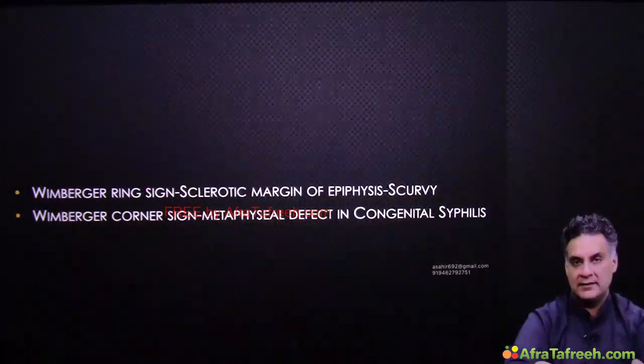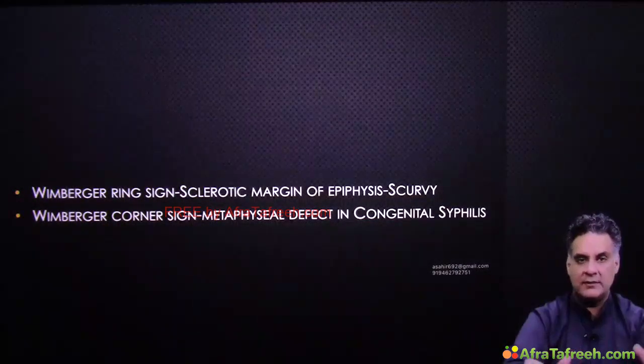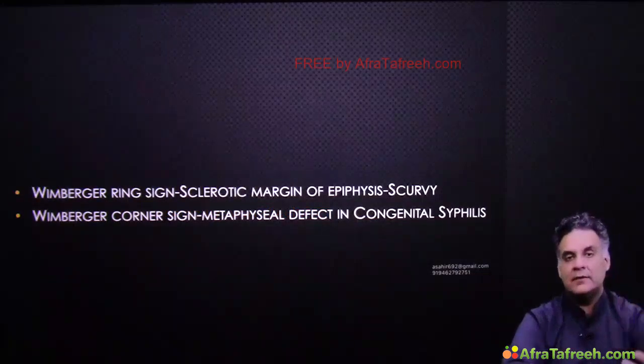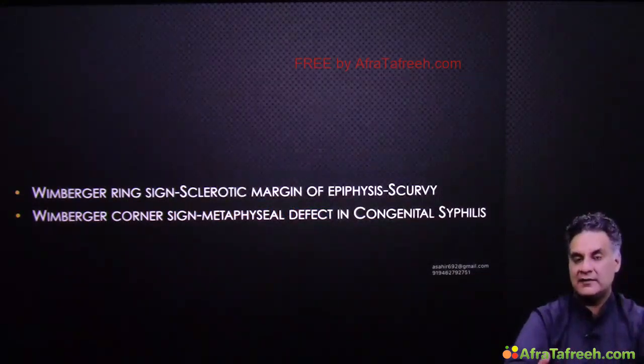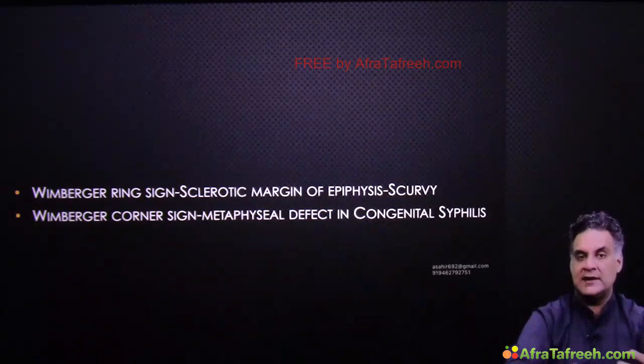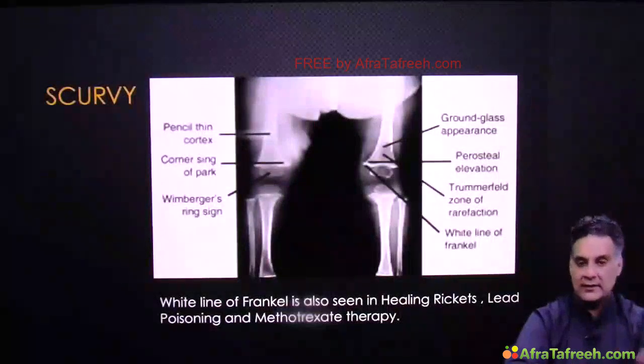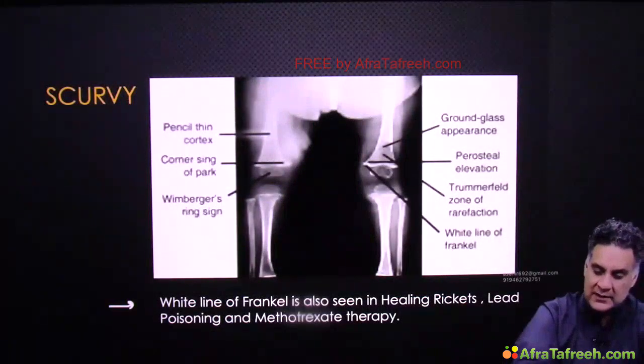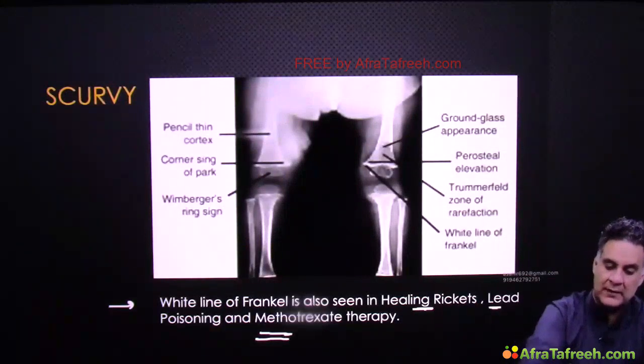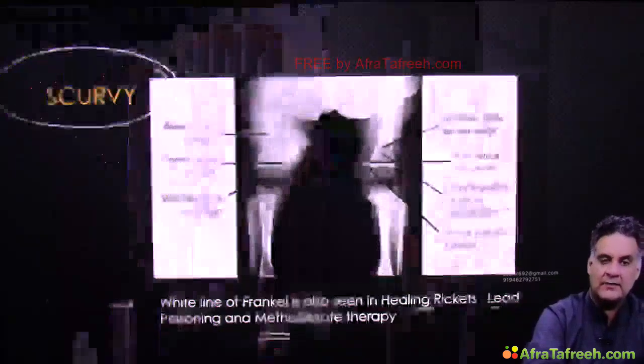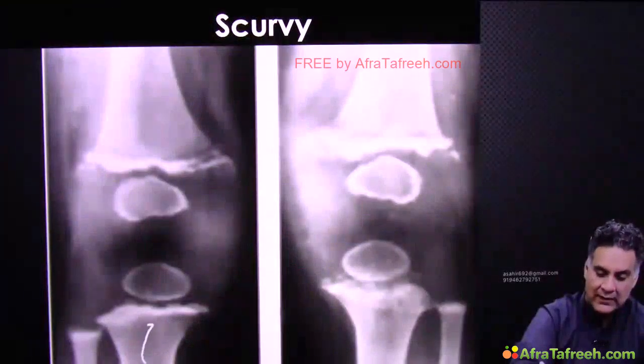Wimberger ring sign is the sclerotic margin of the epiphysis seen in scurvy. Wimberger corner sign is a defect in the metaphyseal area seen in congenital syphilis. So in scurvy, the white line of Frankel, which is also seen in healing rickets, lead poisoning and methotrexate therapy, is classical of scurvy. That's how the white line of Frankel looks.